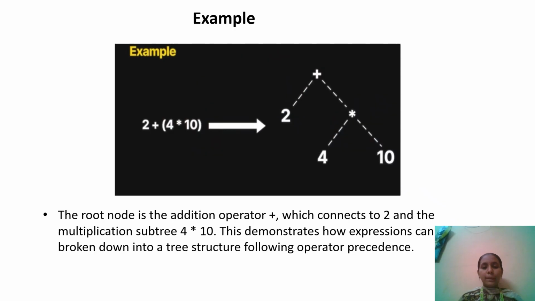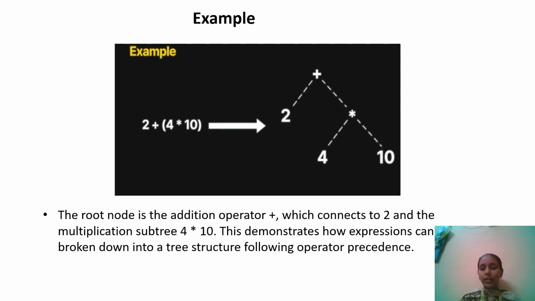This is the example for the abstract syntax tree. The root node is the addition operator. At the top of the tree we have the plus, nothing but the addition operator, which contains two nodes: 2 and the multiplication subtree 4 into 10.